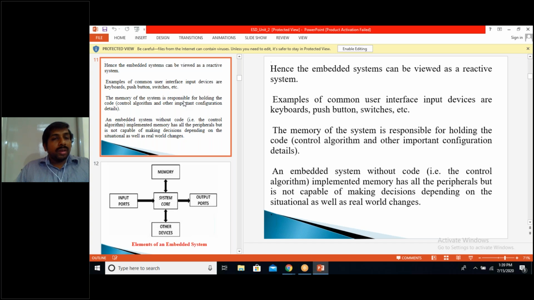Output can be a temperature, output can be any airbag control system, like that. So an embedded system without code can be implemented based upon the requirement if it is not as real as real.